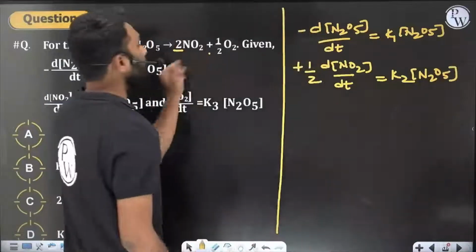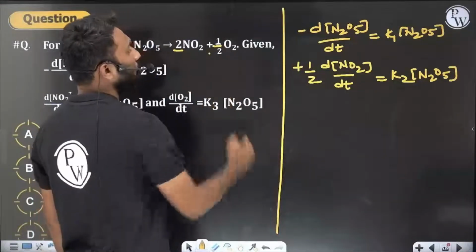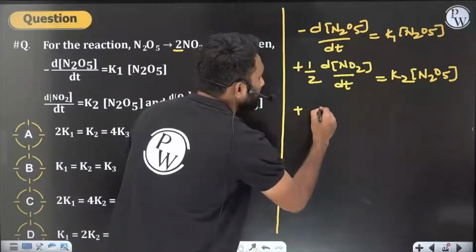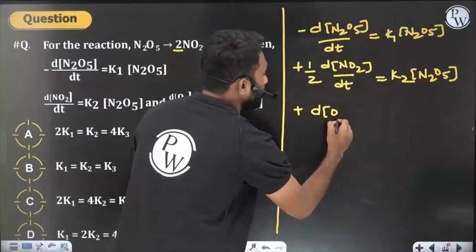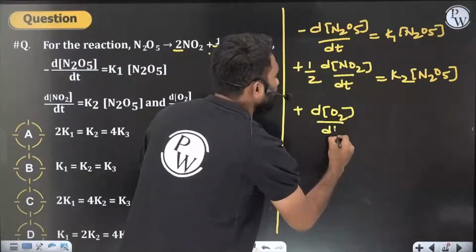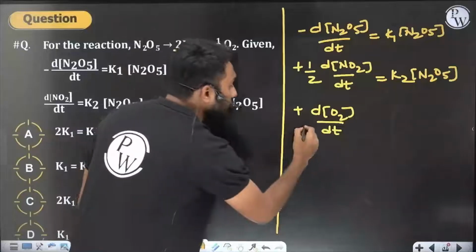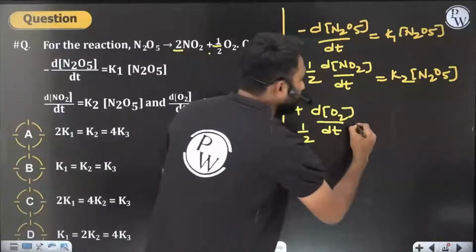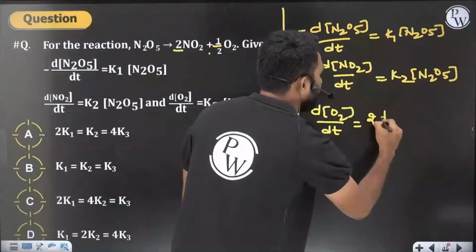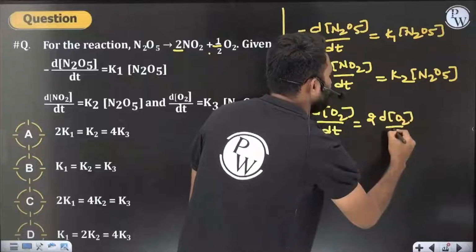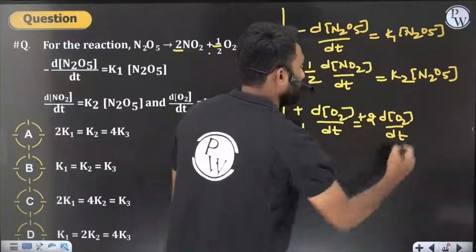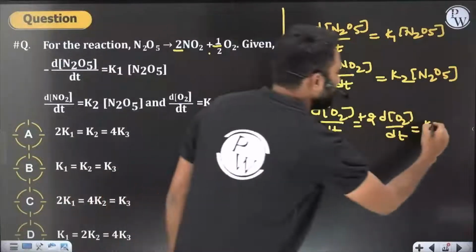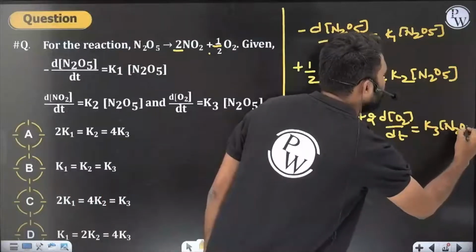Now, for this one, half O2 they have given, plus change in concentration of O2 by dt by its stoichiometric coefficient, which is half. You can write d concentration of O2 by dt is equal to K3 concentration of N2O5.